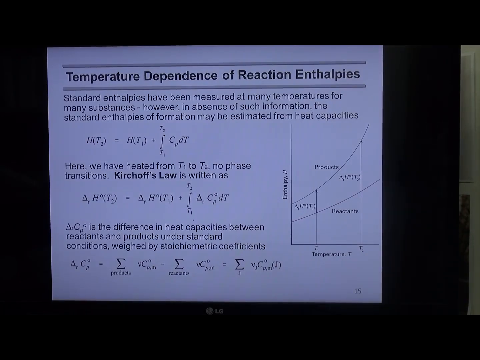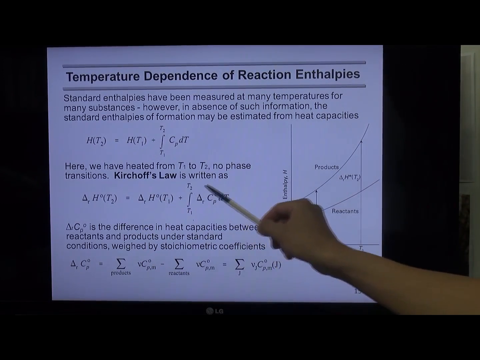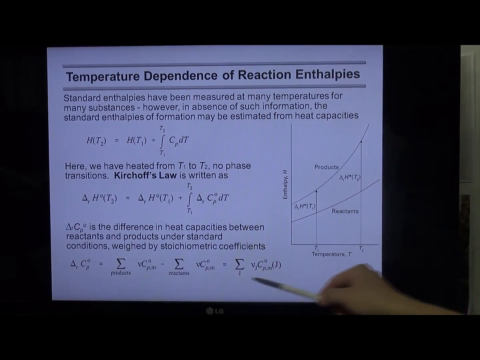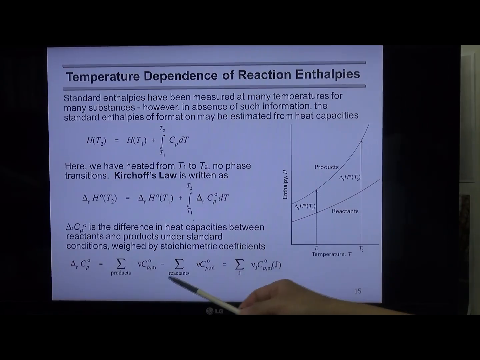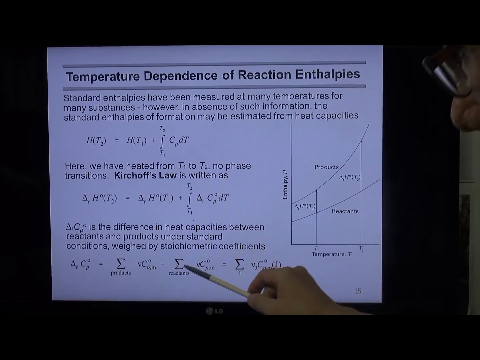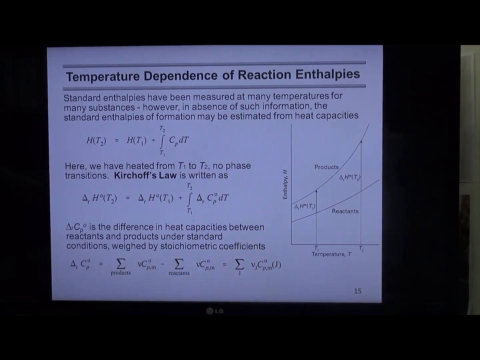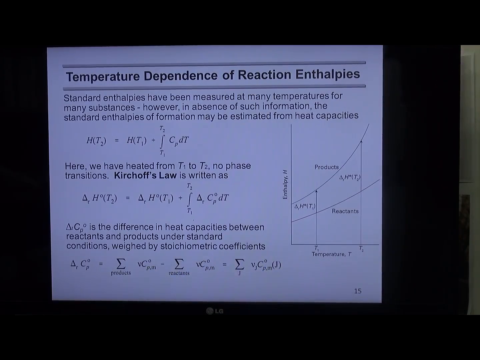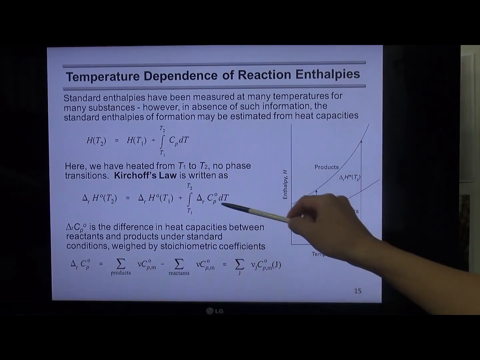Although I used a very simple reaction from A to B, if the reaction is rather complicated, you can write this heat capacity change as this, right? If you have information about the heat capacities of reactants and products, and also the stoichiometric coefficients, then you can simply calculate this part.